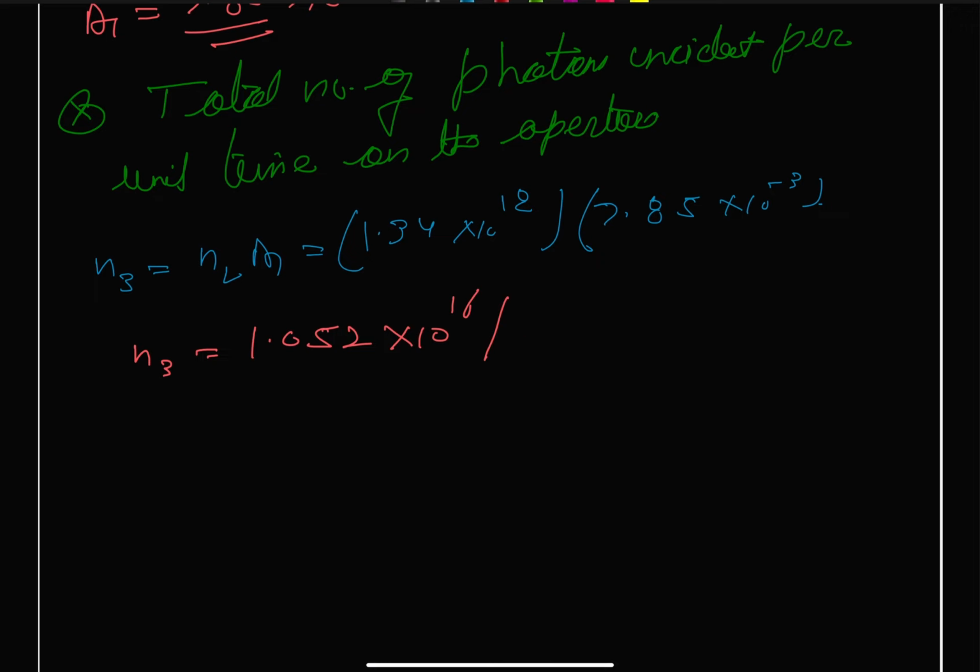Now it comes as per second. Now this aperture will be acting as a source of light. So we found out number of photons that will be associated with our aperture, not the source, because now the aperture will be acting as a new source of light.